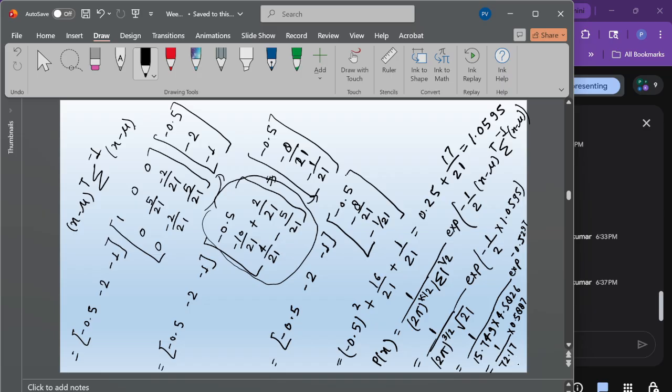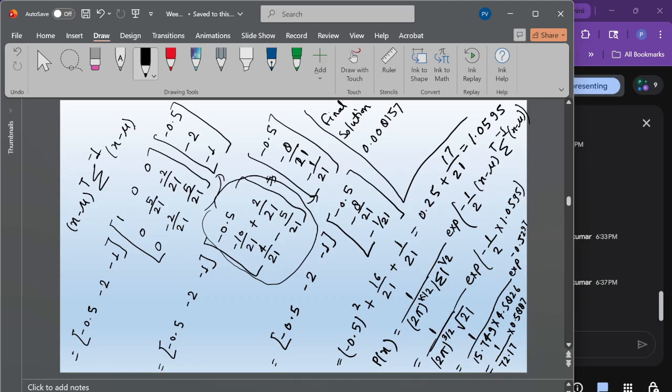Okay, now further if you divide, and I am just writing it here for the final solution, you will get 0.0087.